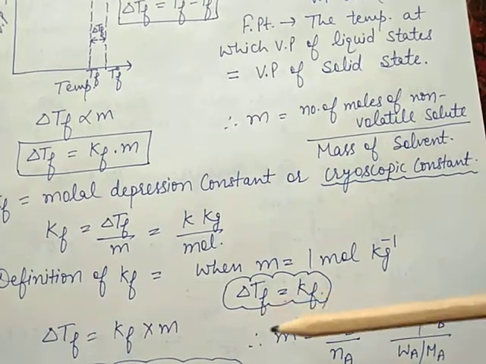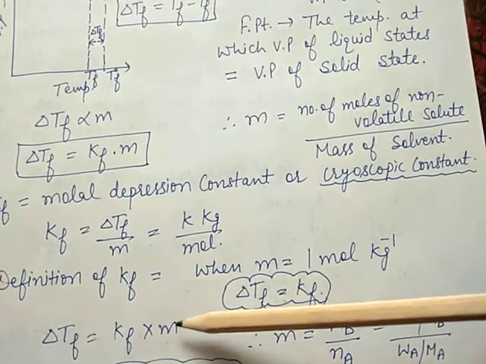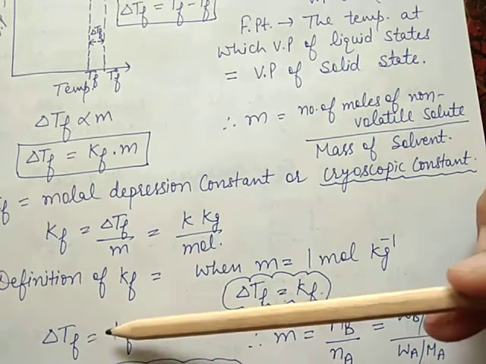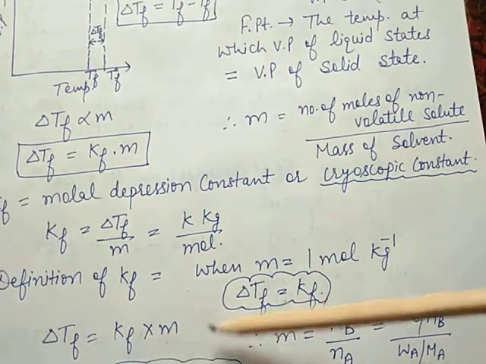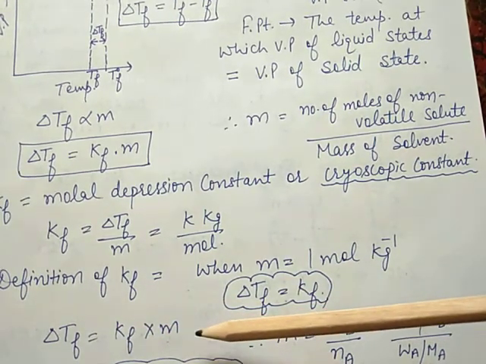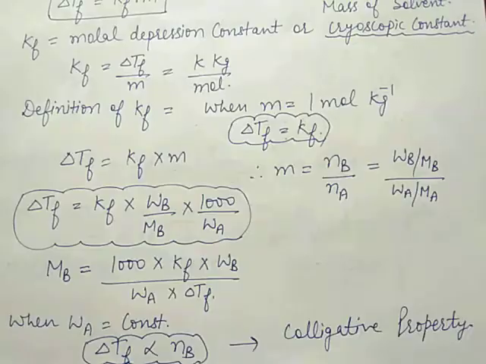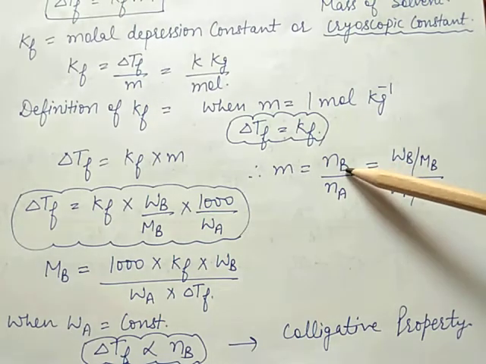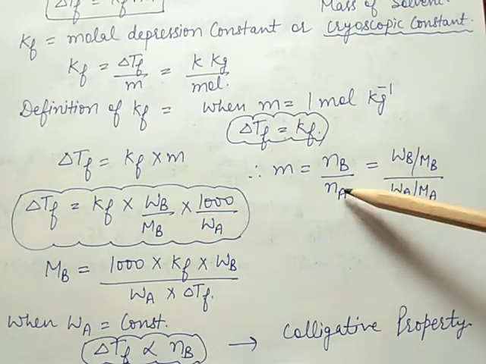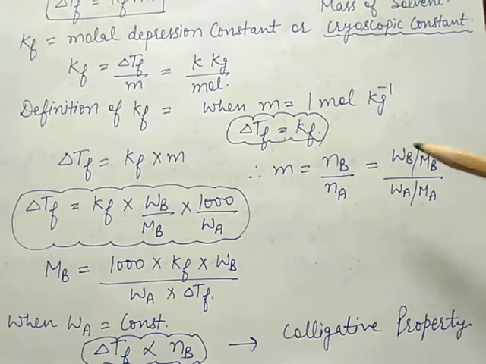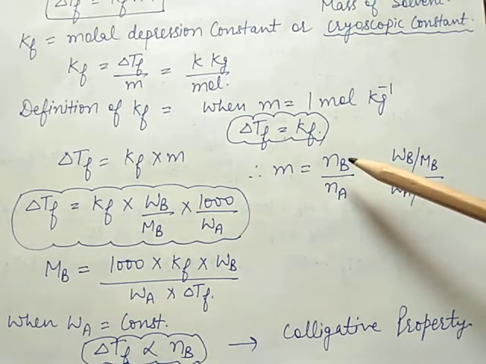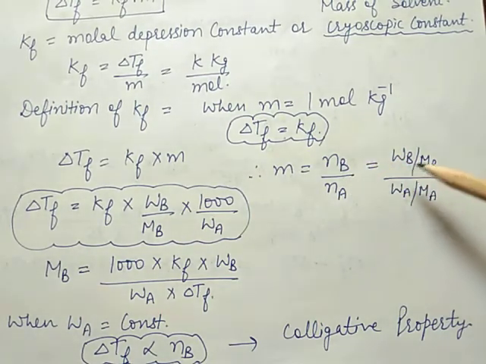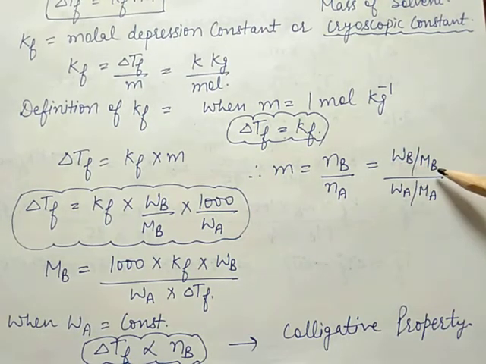Now how will you calculate m? Delta Tf is equal to Kf into m, where m is the molality. m is equal to Nb, the number of moles of solute, divided by Na. How will you calculate the number of moles? Number of moles is equal to Wb, the given mass, divided by the molar mass.